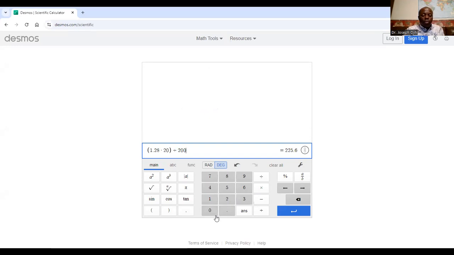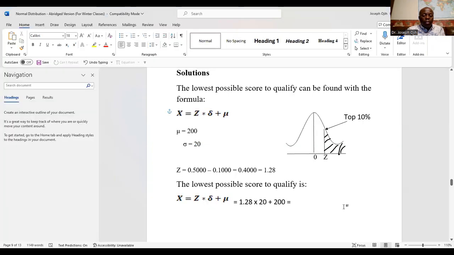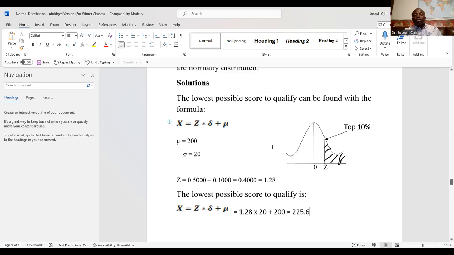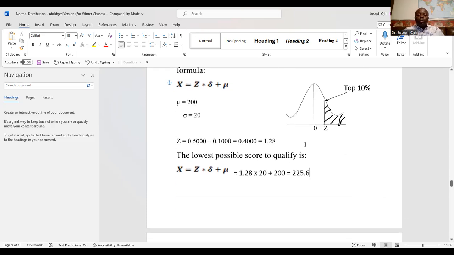So the lowest possible score to qualify, the cutoff point, is 225.6. So that is the lowest possible score to qualify for this academy. Any question on this? Any question, guys, for me on this? Okay, so no question. Excellent.